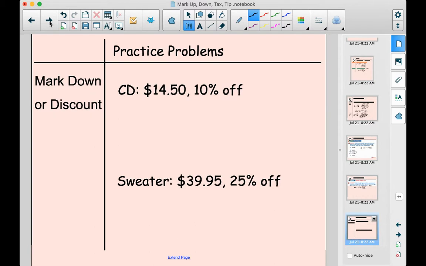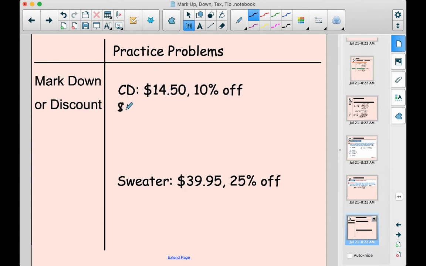Okay. All right, let's look at some where we have a markdown or a discount. We'll do it the long way first, and then think about how we can apply that shortcut to these problems. So if a CD is $14.50 and it's 10% off, first I want to find out how much is 10% of this.